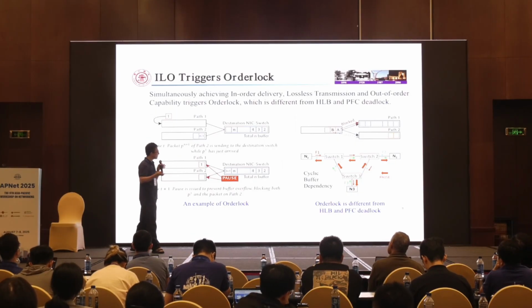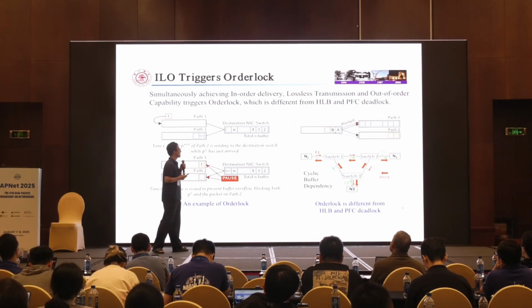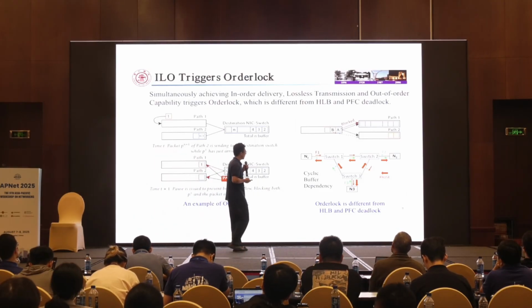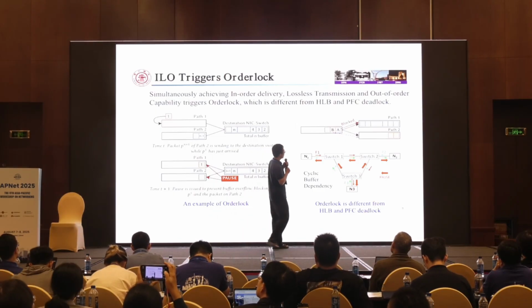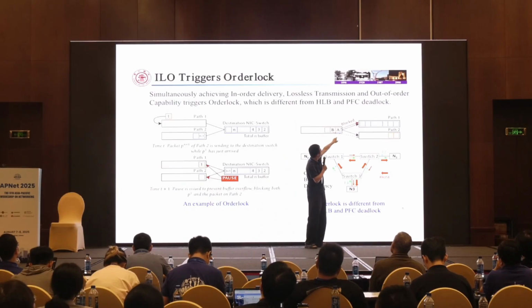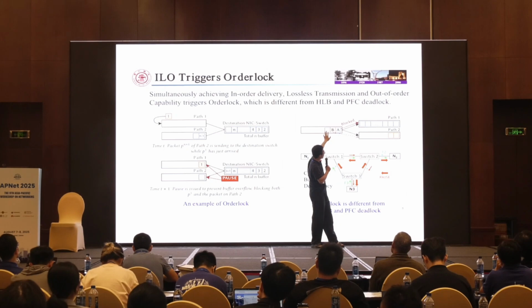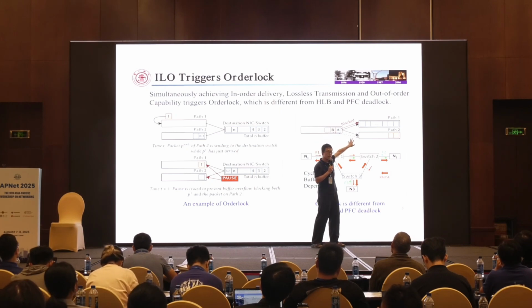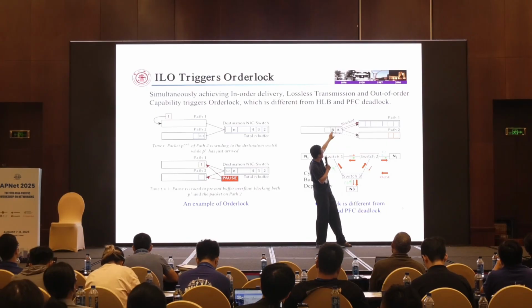But notice that this order lock is different from existing locks. For example, previously we have head of line blocking. Head of line blocking happens when there are two packets. The first packet is going to the first path, while the second packet is going to the second path. Because the first path is full, packet 1 blocks the transmission of the second packet.